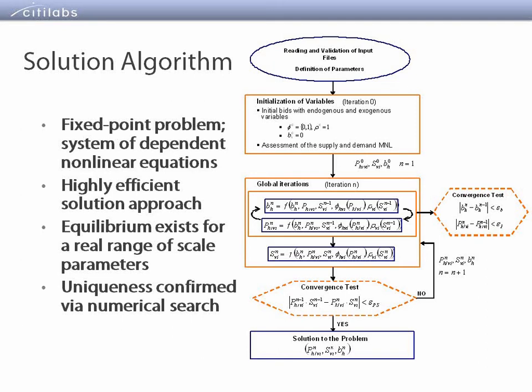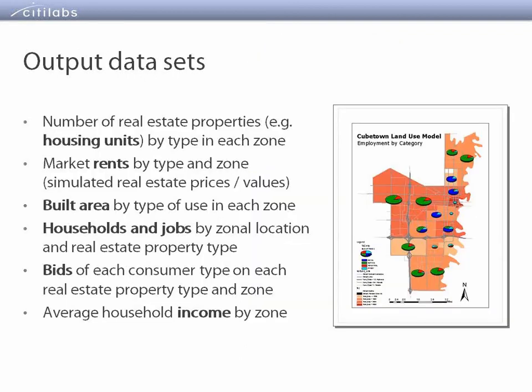And I won't go into the details of all the math. It's very scary and Greek-looking. But basically suffice to say that we have a feedback process with looping and iterative solution of the problem until we achieve a real estate market equilibrium. And this is part, of course, of a bigger equilibrium between the land use side of things and the transportation side of things with feedback in between the two.